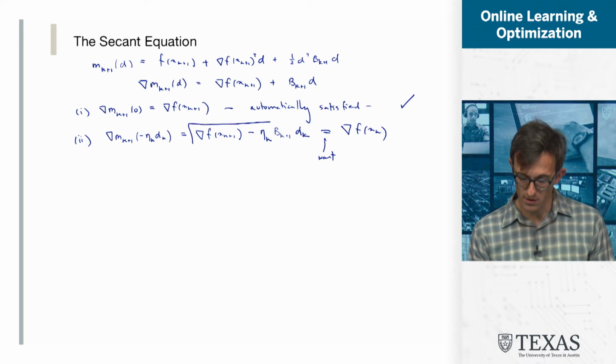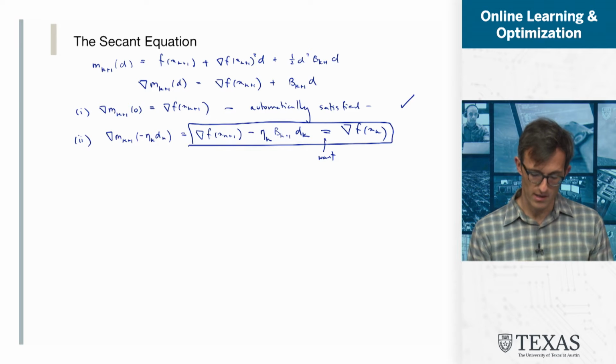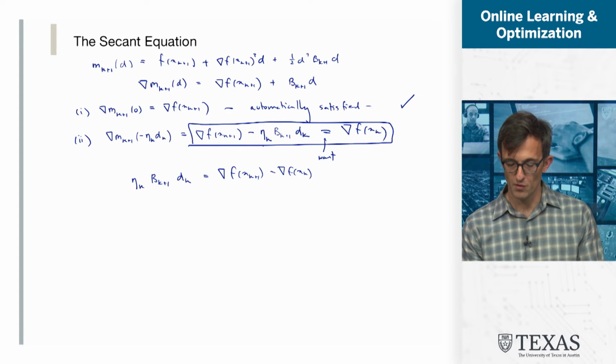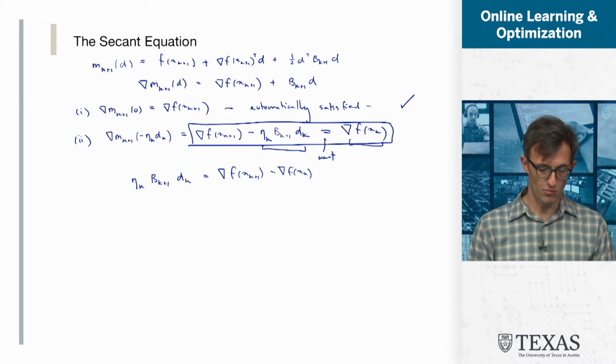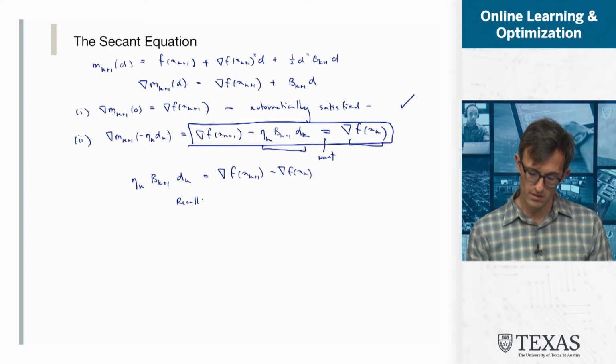Now let's write what those say. Here is my condition on B_{k+1}. Writing that out, this says that eta_k B_{k+1} d_k is equal to the gradient of f of x_{k+1} minus the gradient of f of x_k. I moved this term to the right and this term over to the left. Now, writing out what eta_k d_k is, recall that x_{k+1} is equal to x_k plus eta_k d_k.